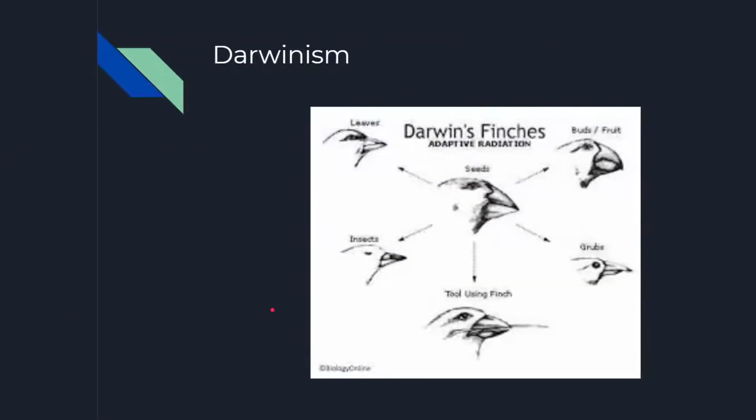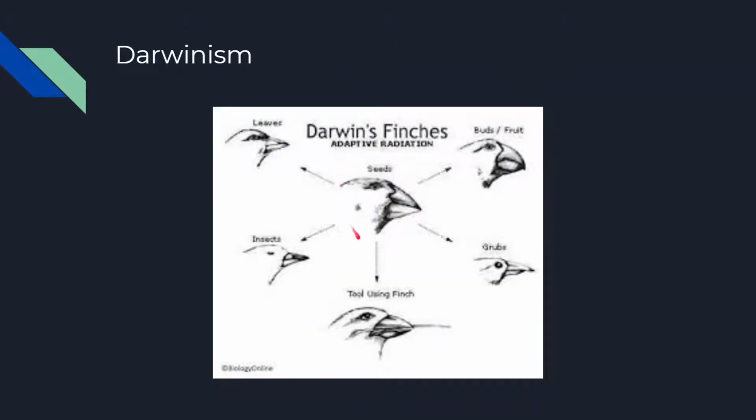But really, all you need to know is this idea that animals adapt to their environment over time, and that the best fitted for their environment are able to reproduce and survive.